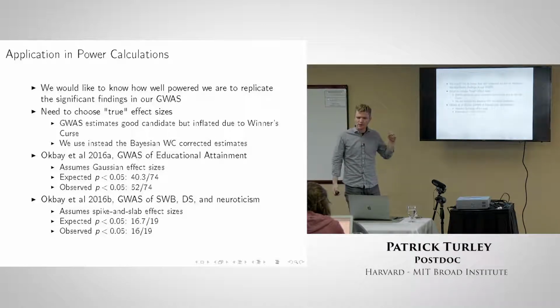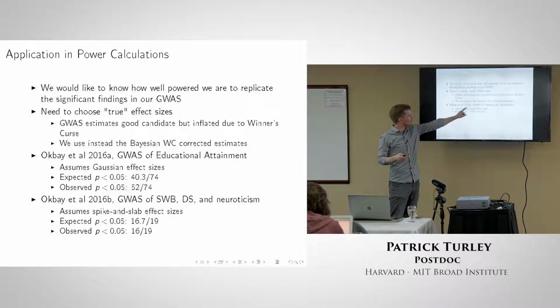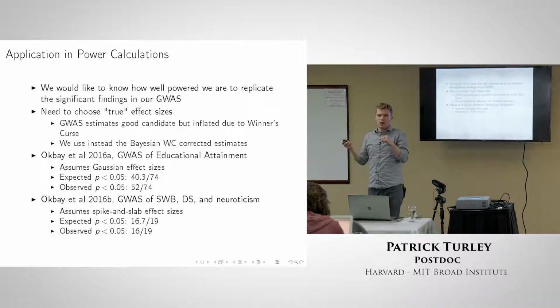I'm not going to go into close detail on exactly how we do these power calculations, but I'll give you the overarching idea. For Akbe et al., we had 74 genome-wide significant hits. We did this Bayesian correction, and so for each SNP, we knew what the posterior distribution of the effect sizes was.